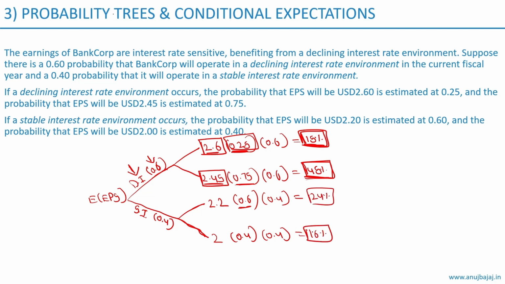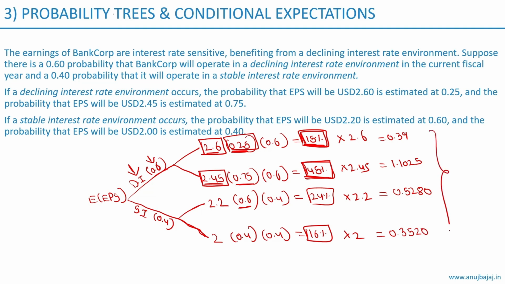Now we can multiply each of these probabilities by the respective earnings. You multiply it by 2.6, 2.45, 2.2 and 2. We get $0.39. Then we get $1.1025. Then we get $0.5280 and then $0.3520.